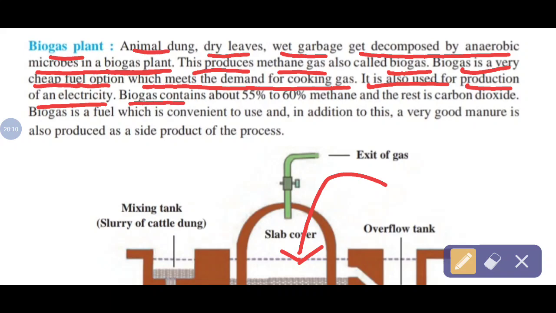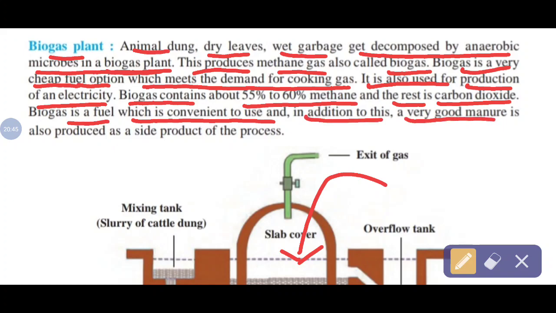Biogas contains about 55 to 60% methane and the rest is carbon dioxide. Biogas is a fuel which is convenient to use, like our gas cylinder, and in addition, a very good manure is also produced as a side product of this process.